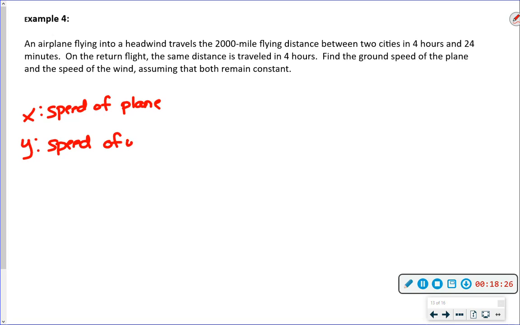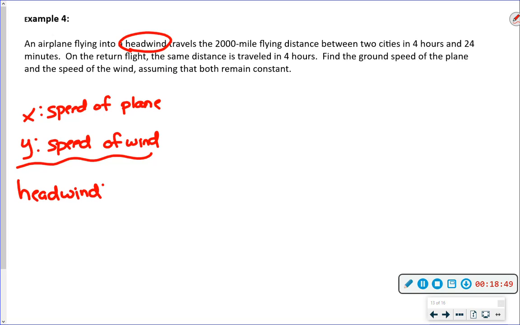Now, before we get to the equations, because I'm still thinking about my variables. So headwind. If you are flying into a headwind, does that speed you up or slow you down? Slows you down.